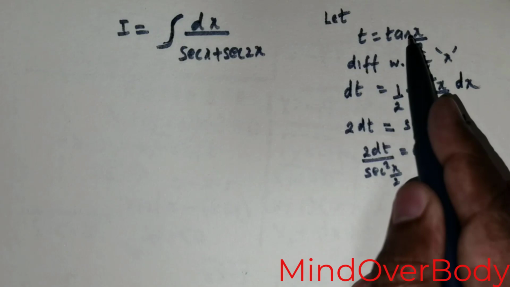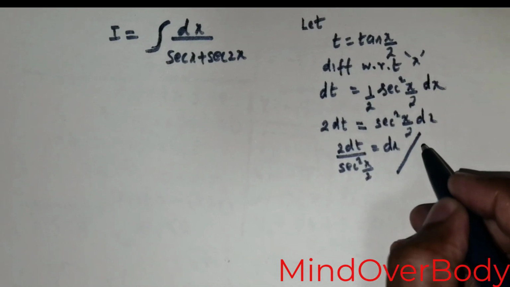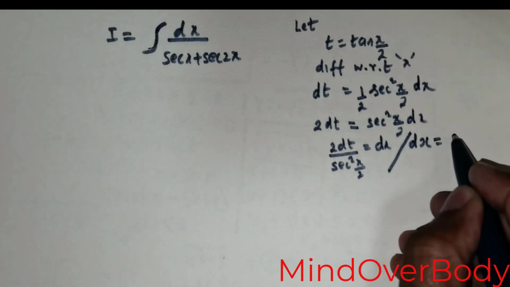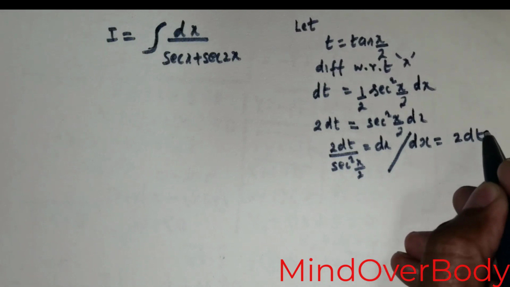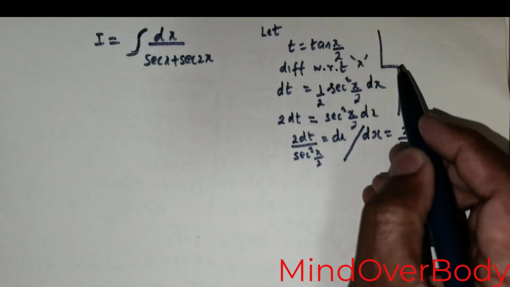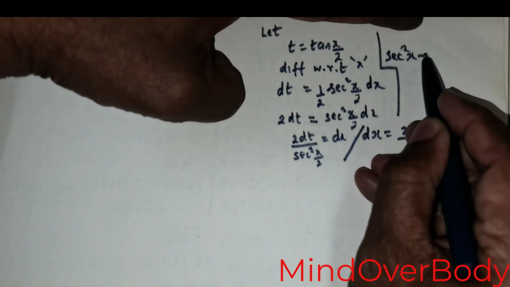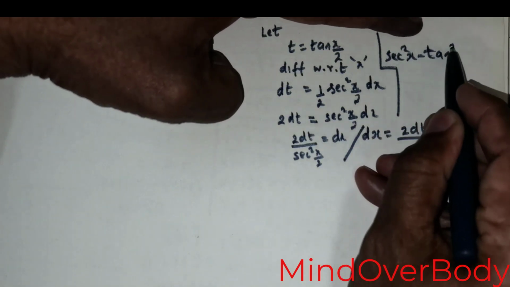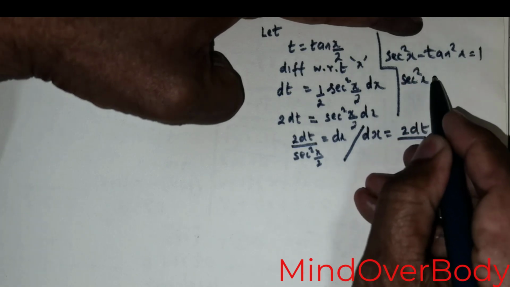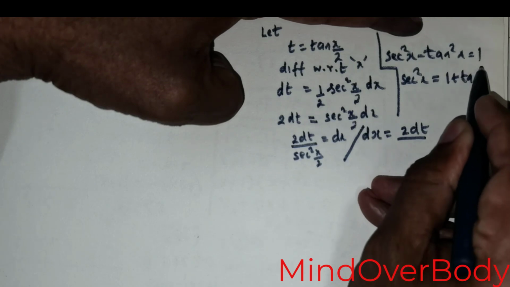Now t is tan of x over 2, so I'm going to rewrite this, I'm going to start with dx. dx is equal to 2 times dt over, now there is a trigonometric formula which we all have studied, so that is nothing but secant squared x negative tan squared x is equal to 1. From here I can rewrite this as secant squared x is equal to 1 positive tan squared x.